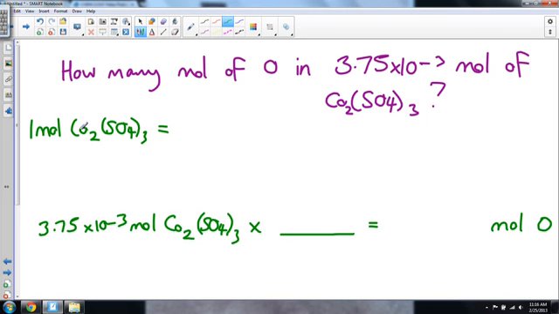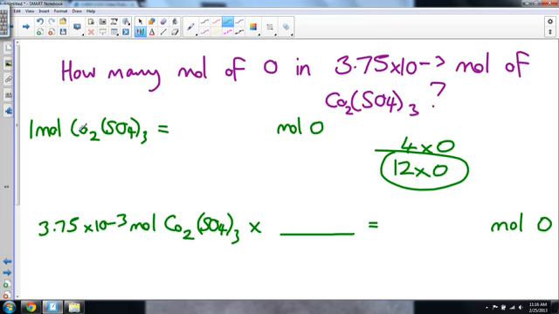So that should be a big, oh no, it's a small O. Now this is going to be moles of O over here. Now, all we've got to do is look at our numbers here and make sure that we can figure this out. Notice there's 3 sulfates here. Each sulfate has 4 oxygens in it. But we don't have 1 sulfate, we've got 3 of them. So therefore the number of oxygens is 4 times 3, which overall is 12.